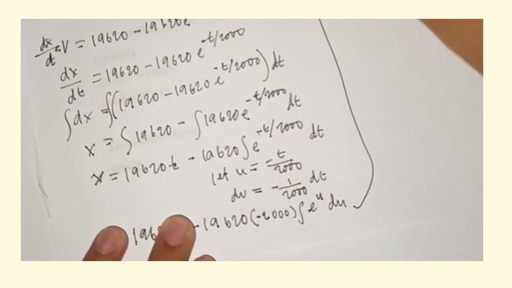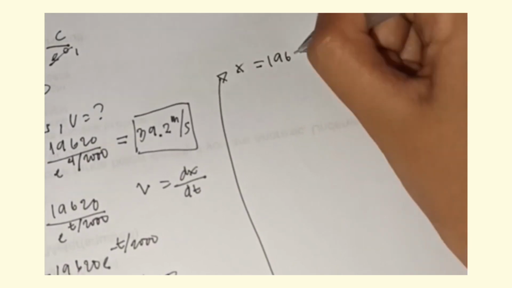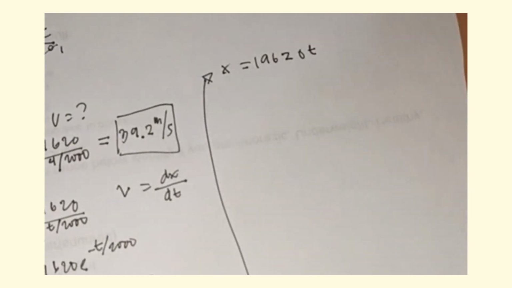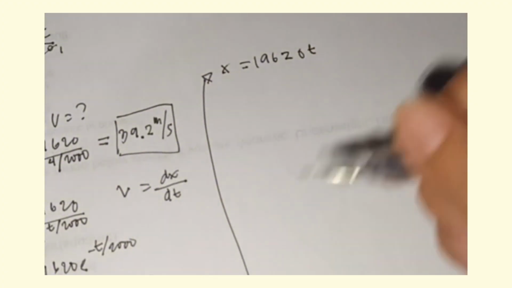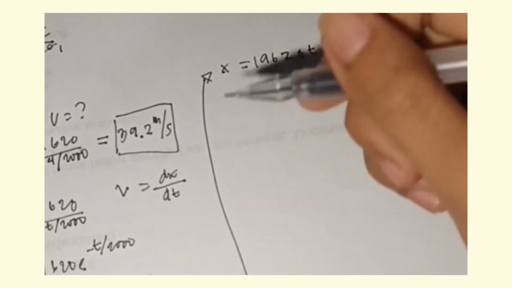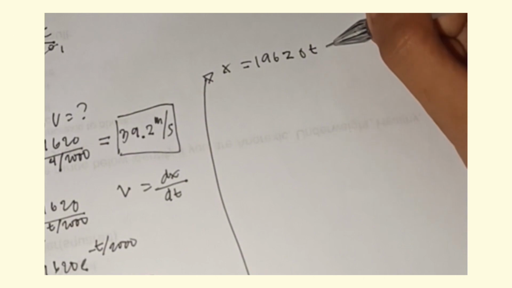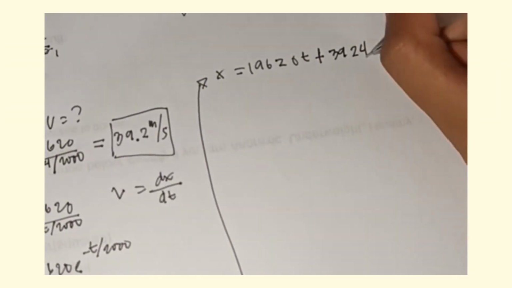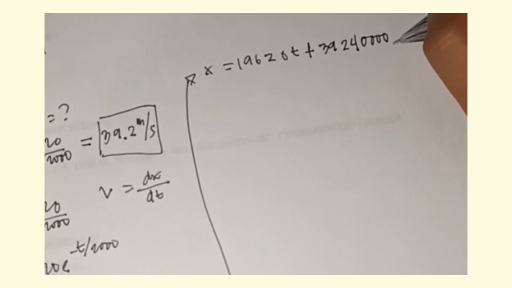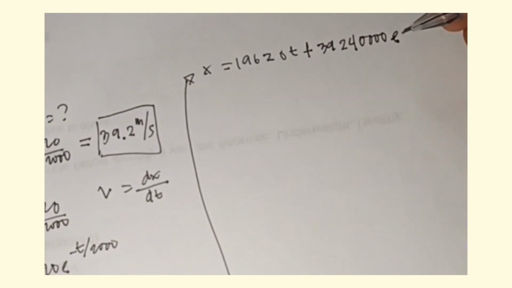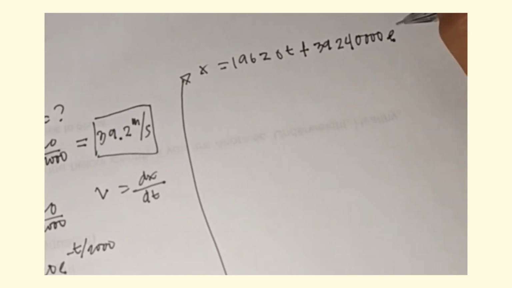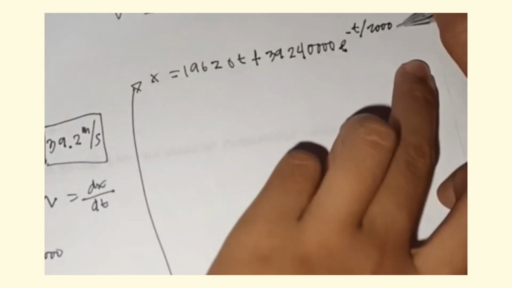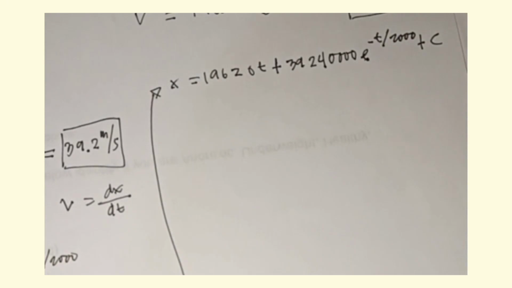So we have x equals 19620 multiplied by time, plus 19620 multiplied by 2000, since the negative becomes a positive value. Plus 3924 and 4 zeros. Okay, the integral of e raised to u, where u is negative t over 2000. So upon integration, we have the constant of integration plus c.